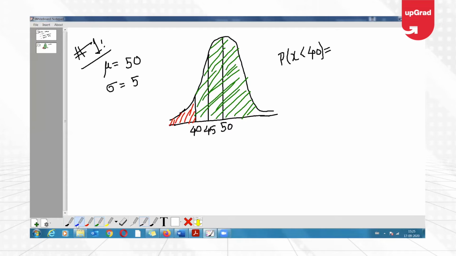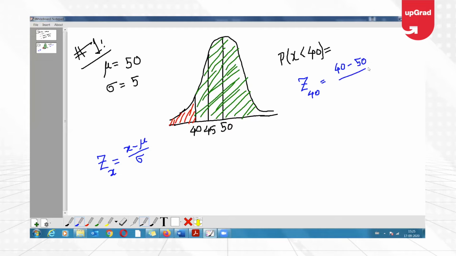So the first step, what we'll do is we'll try to find the z-score of 40. Now z-score, as you know, just a quick recap, z of x is x minus mu divided by sigma, which means 40 minus 50 divided by 5.